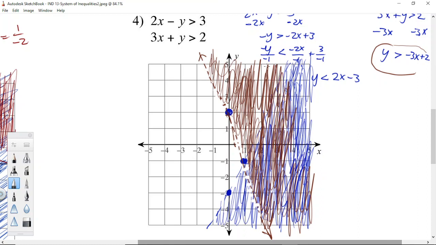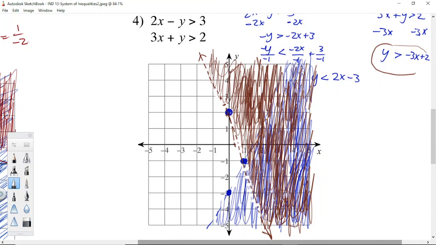And we sure can't see the other line anymore, can we? Well, not liking the way the shading's turning out. But I think we can see one region is shaded by both, and that's this part in here.